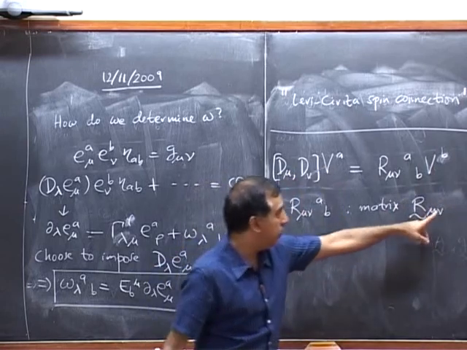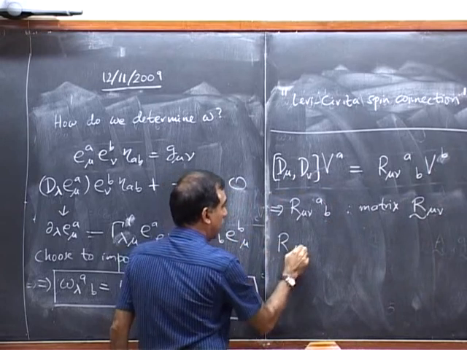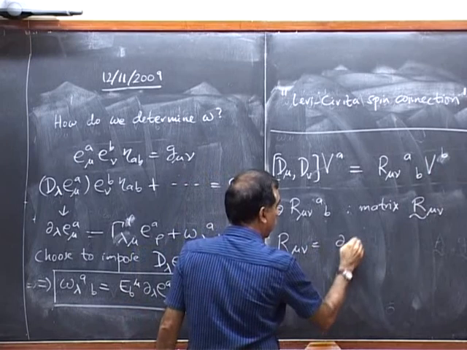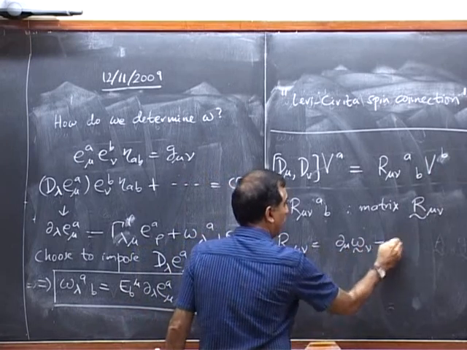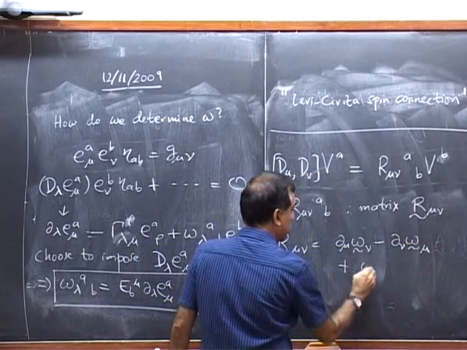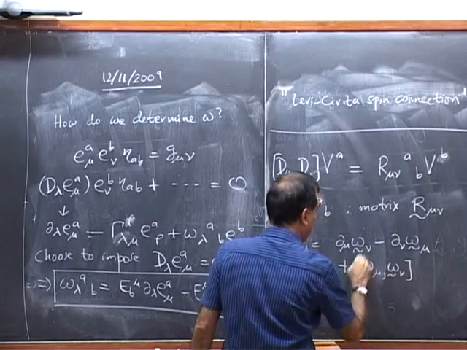So it's a second rank tensor under GCTs and a matrix in AB, which is given as del mu omega nu minus del nu omega mu plus the commutator of omega mu and omega nu.